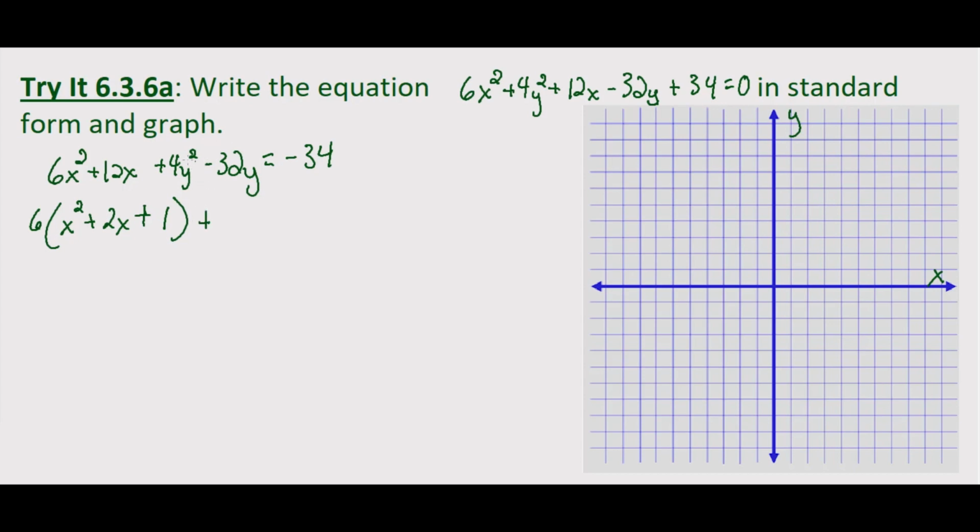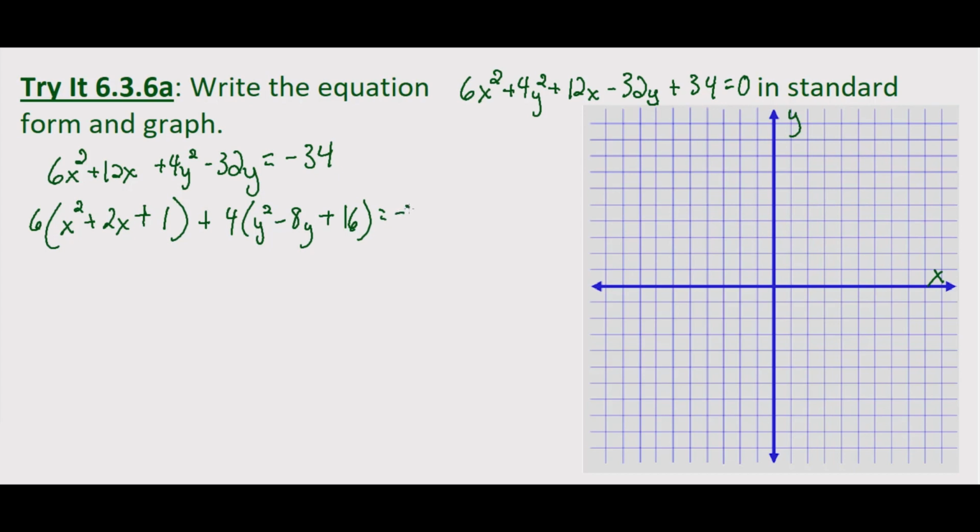So this is plus, let's factor out our 4 times y squared minus 32 divided by 4 is 8y, plus negative 8 divided by 2 is negative 4. Negative 4 squared is 16. So we're adding 16 here.